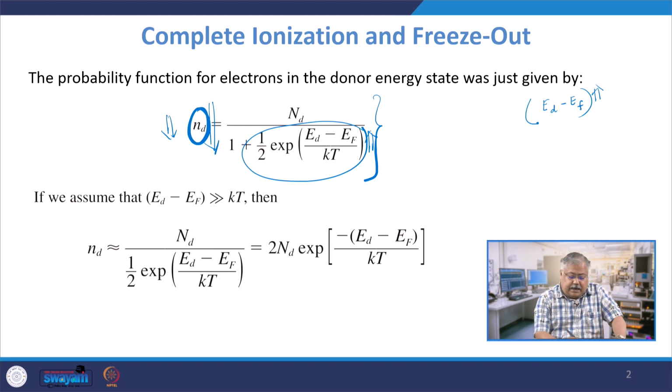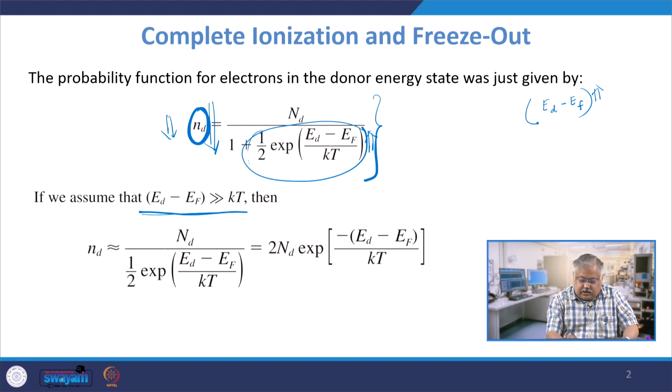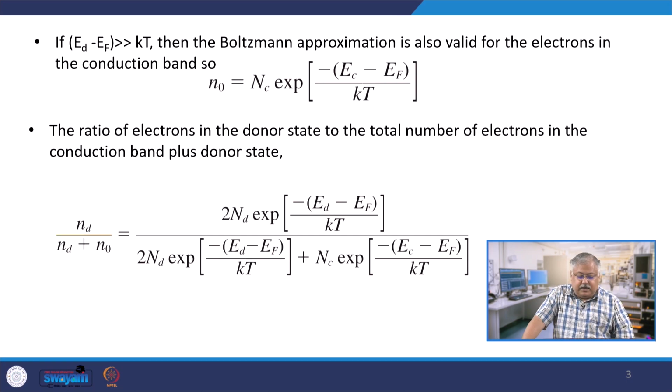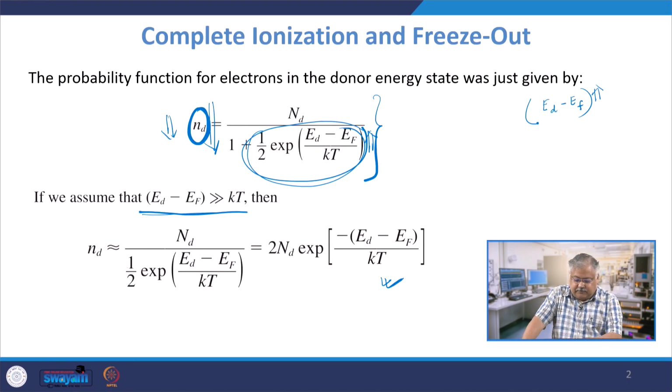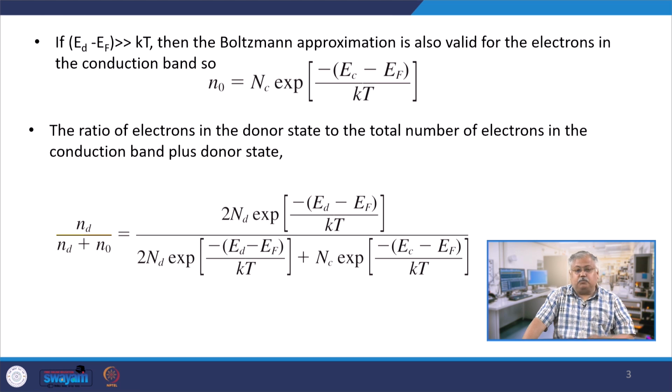If we assume that ED minus EF is greater than KT, so I can take this much larger as compared to 1, and 1 has been removed, and from here I get 2 ND exponential minus ED minus EF by KT. That is the value of ND which you get, and that is very straightforward. Now if ED minus EF is much larger as compared to KT, KT is again an energy term, then the Boltzmann equation is also valid for electrons in the conduction band, EC minus EF.